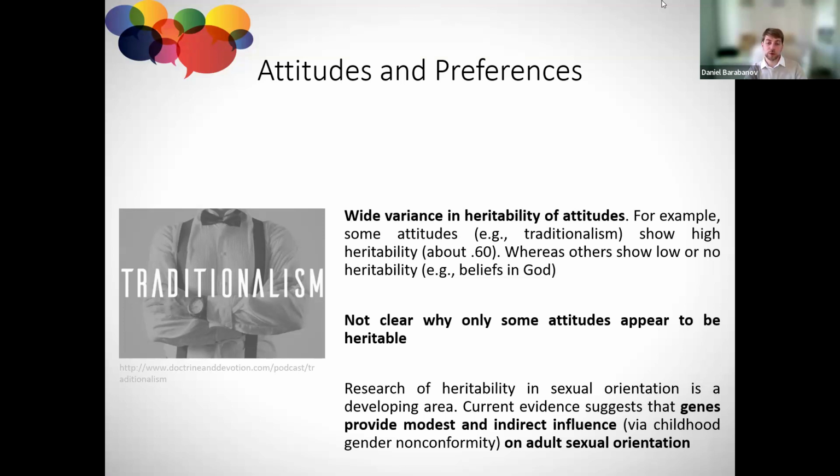What we know for sure is that sexual orientation is not a matter of choice. People cannot change their sexual orientation on purpose, but it doesn't necessarily mean that it's completely genetical. So again, current studies provide us with a modest and indirect genetical influence.